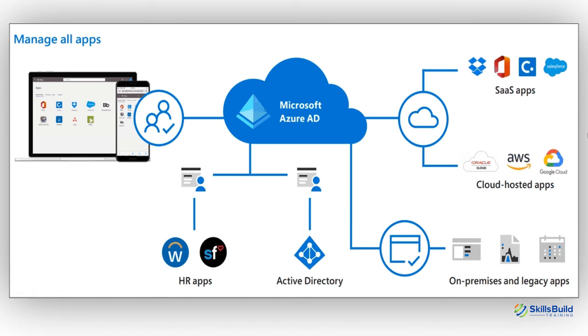You have whatever human resources applications, you can control those, who gets access to what. That's where some of the most private of your information is going to be, so you want to guard them. Any on-premise legacy apps, so anything that you might have in-house, can be fully integrated with the authentication and authorization steps in Active Directory.